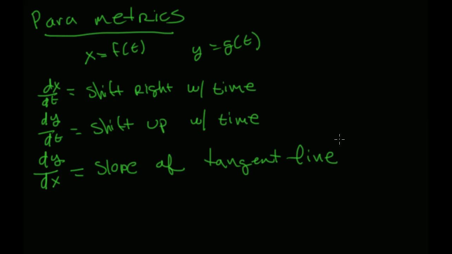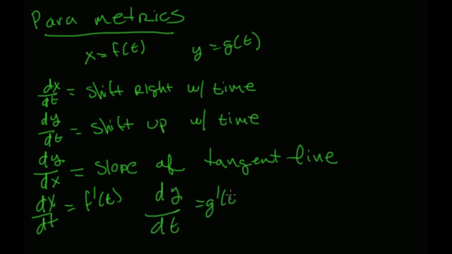Now, calculating these is not so challenging. Dx/dt is just f prime of t, right? You just take the derivative of f with respect to t. Dy/dt then is g prime of t.